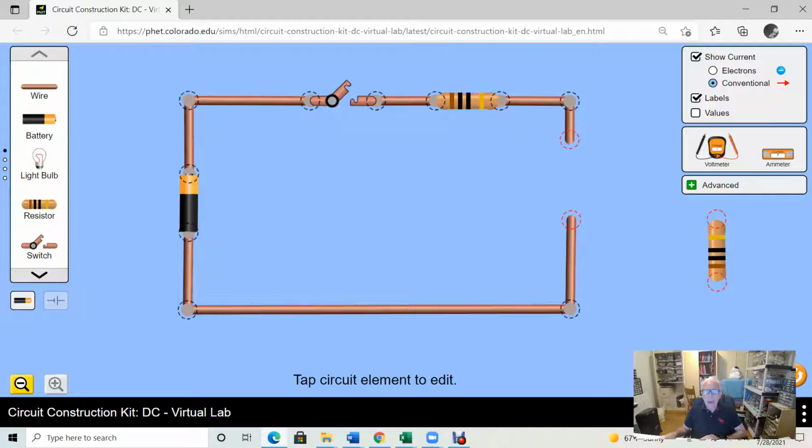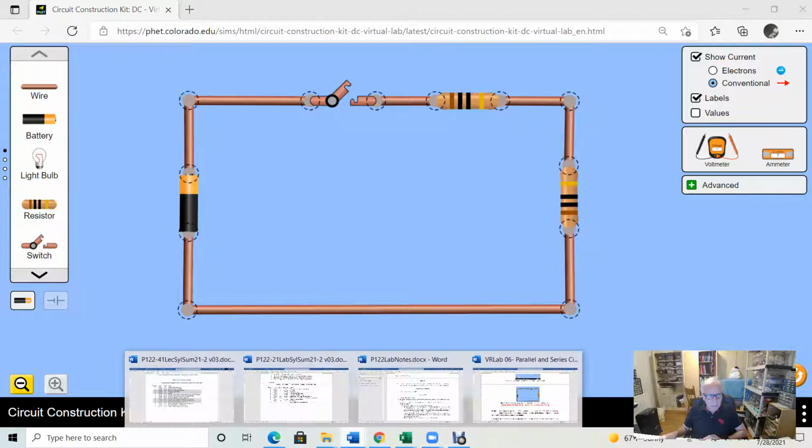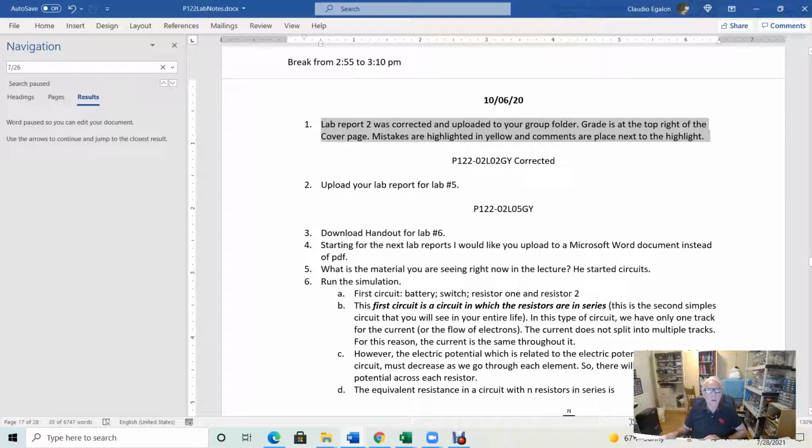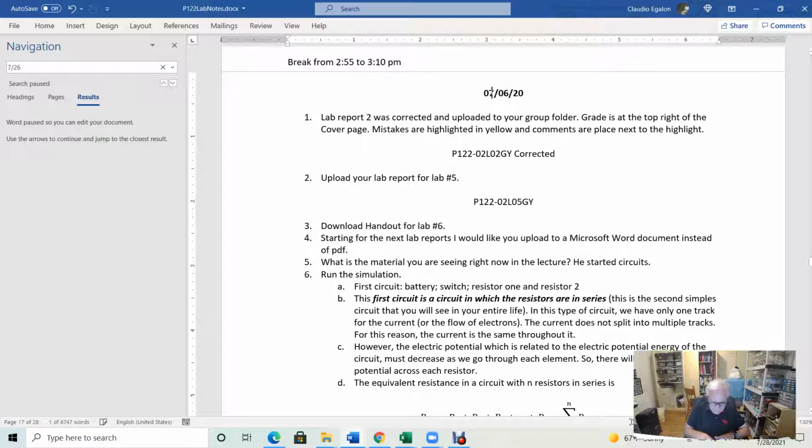And now we are going to work with something a little bit more advanced. The next step in difficulty. A circuit with two resistors in series. So let's document what we said here in the notes. Today is the 7/28.